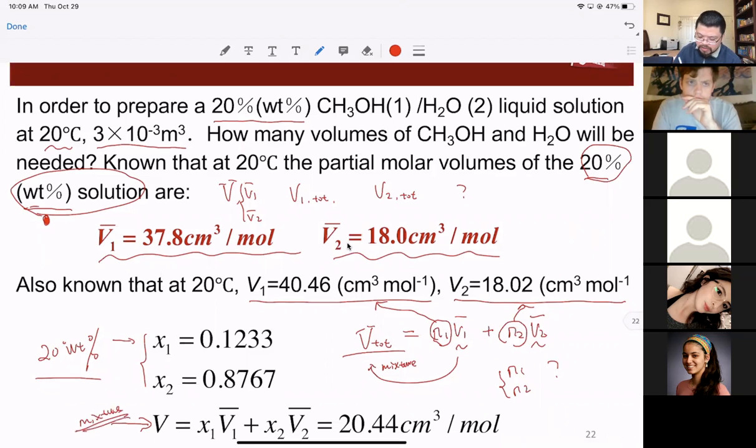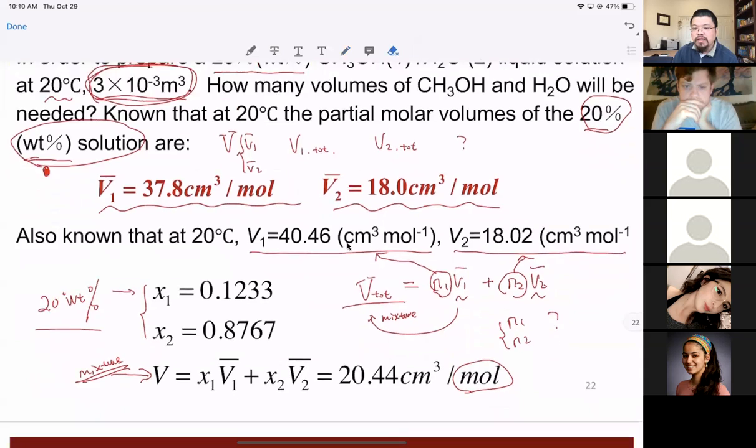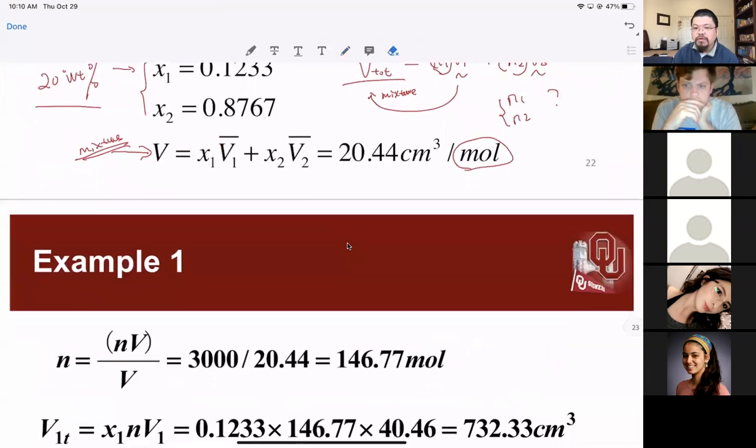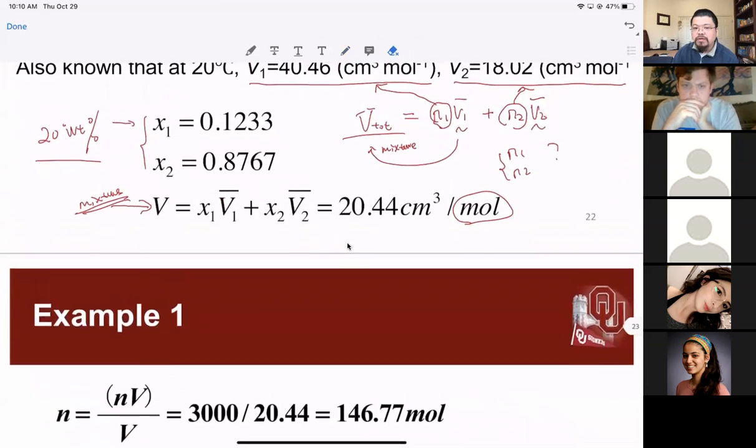But keep it in mind, this is the per mole based volume of the mixture. And I know that is the total volume I need to prepare. So their ratio should be how many moles of that liquid mixture I shall receive, which is basically N1 and N2. Right? So what's the difference between V total and just V again?